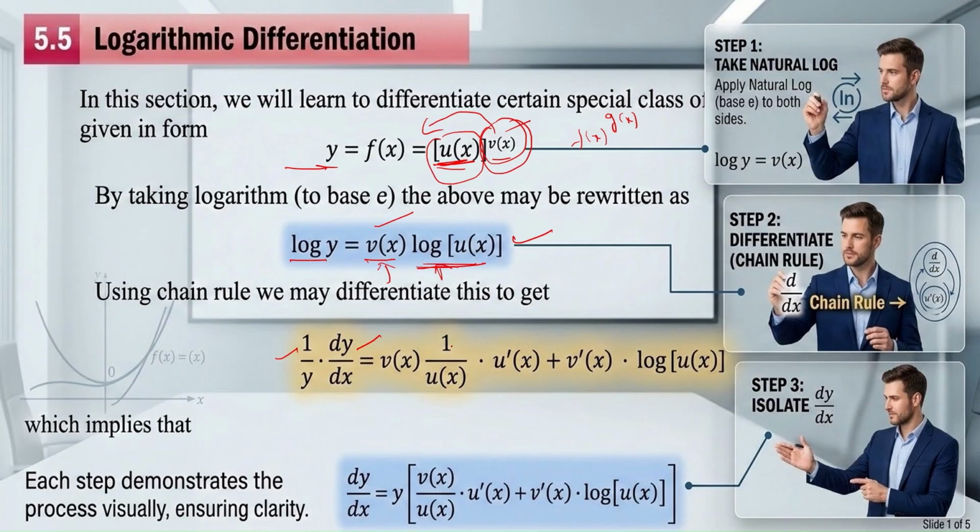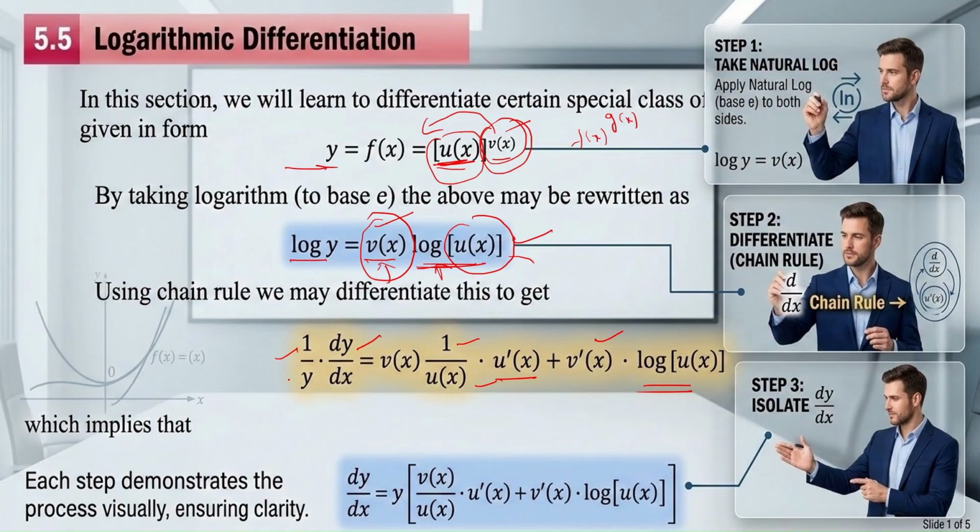Differentiation of log is 1 by u of x, and again I differentiate u, that is u dash of x. Next, I differentiate the other function: v dash of x, keeping the first function as it is.